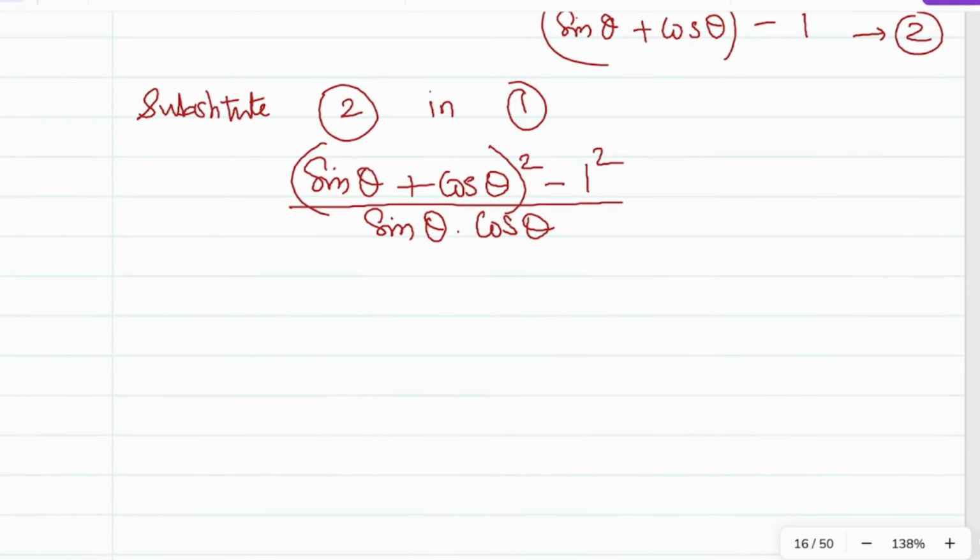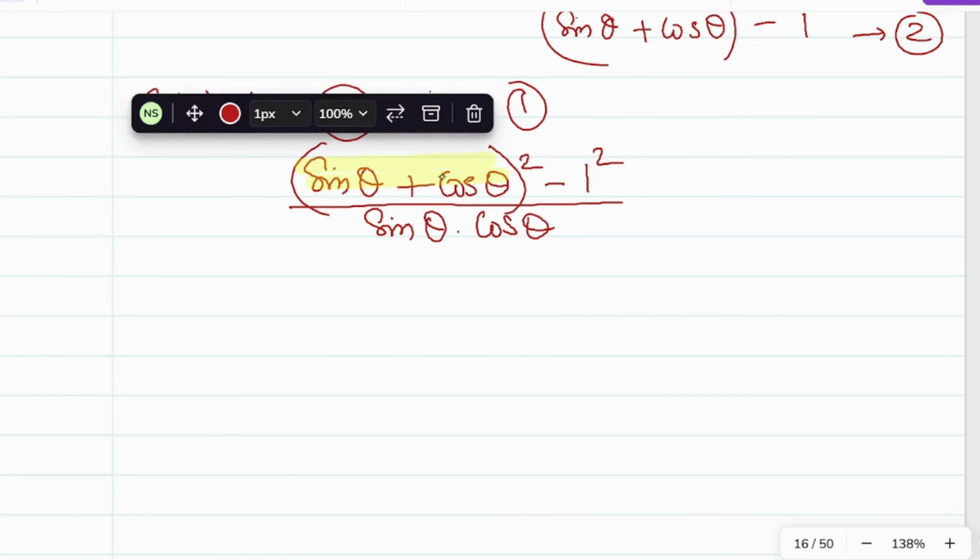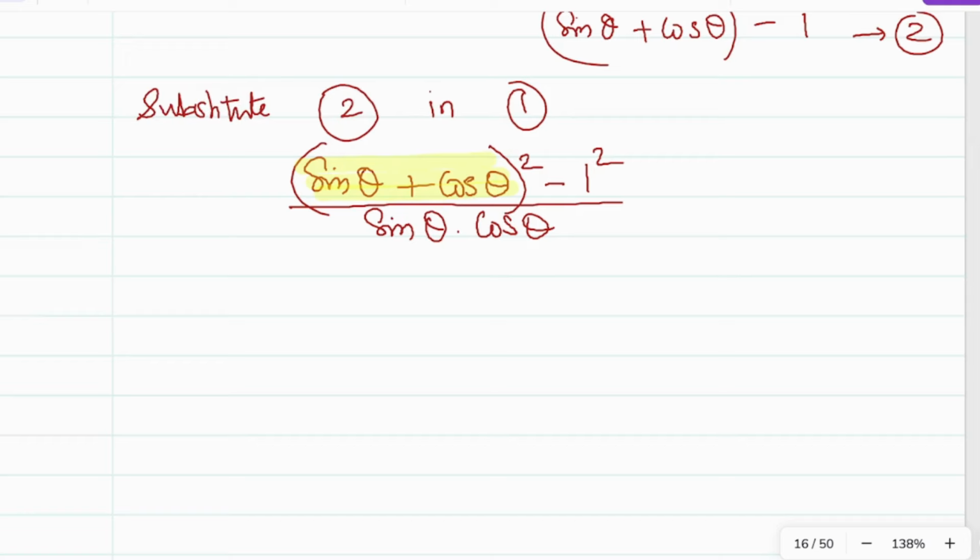Now you can see that in this part, again, this follows the equation (A plus B) the whole square. A plus B the whole square equals what? A square plus 2AB plus B square.